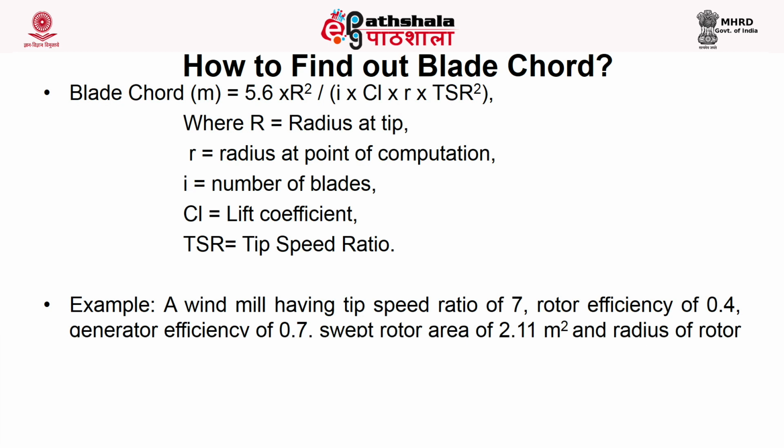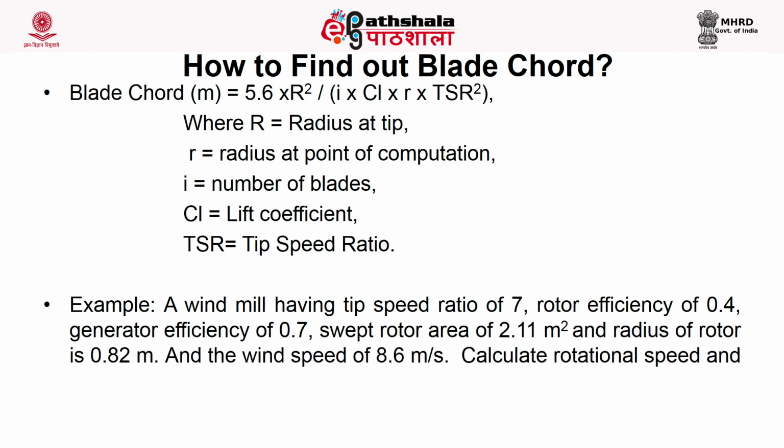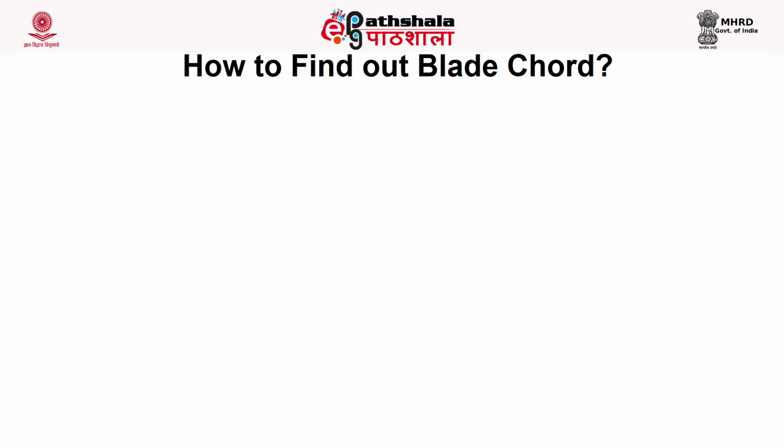So, calculate the rotational speed and power output of the turbine having a tip speed ratio of 7, rotor efficiency of 0.4, generator efficiency of 0.7, swept rotor area of 2.11 square meters and radius of rotor of 0.82 meter. For this, just apply the equations. For the rotational speed, that is velocity multiplied by tip speed ratio times 60 divided by 6.28 times radius at tip.